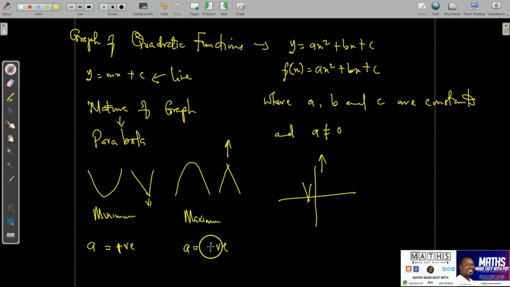But when your a is negative, your graph is going to be maximum. We'll take an example so you remember it easily, even though I'm just saying it for now. When the a value in the function is positive, you are going to obtain a minimum value, or a minimum graph. And when your a is negative, it means you are going to obtain a maximum value.